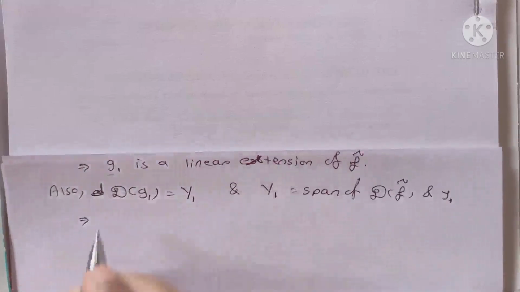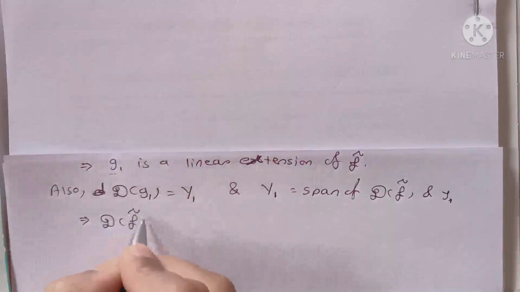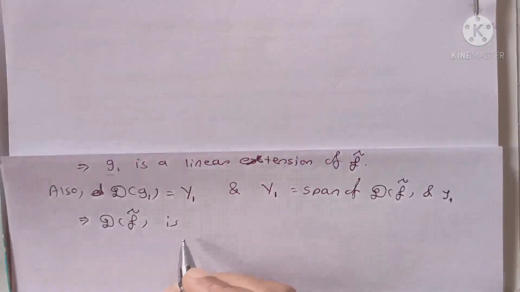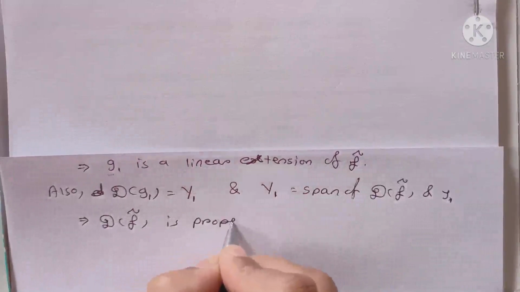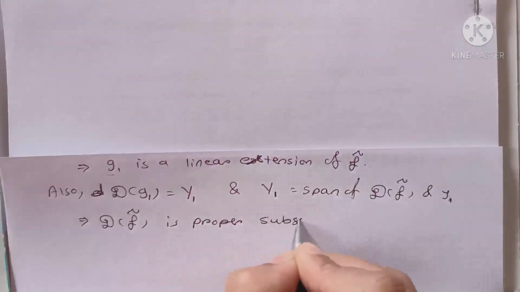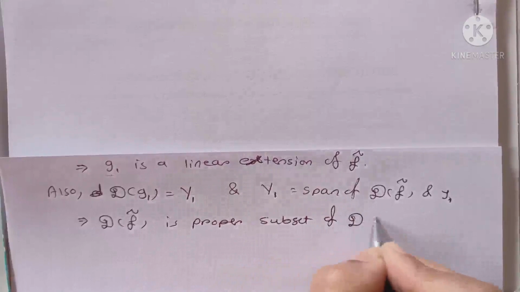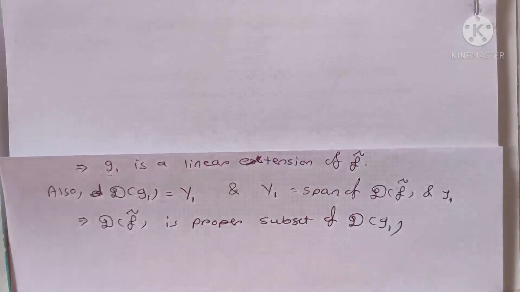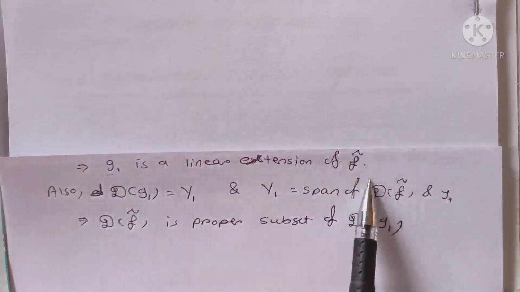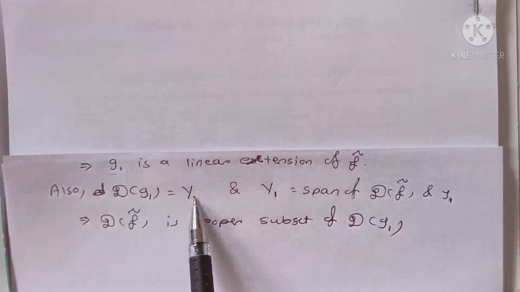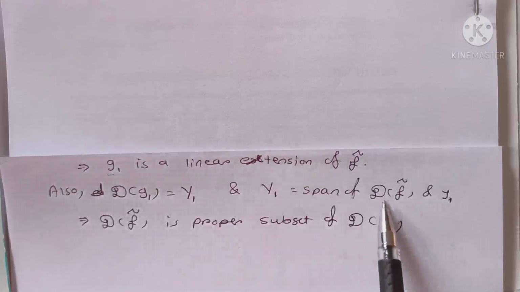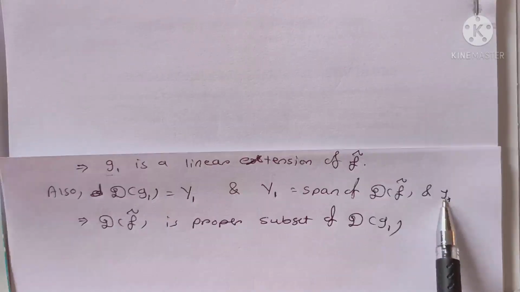This implies that the domain of f tilde is a proper subset of the domain of g1. That means g1 is a linear extension of f tilde, but the domain of g1, which equals y1, is spanned by the domain of f tilde and the point y1.